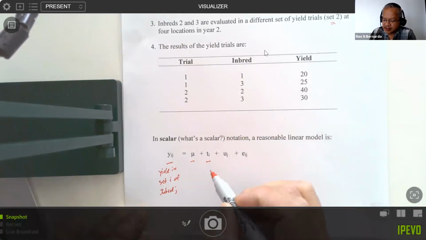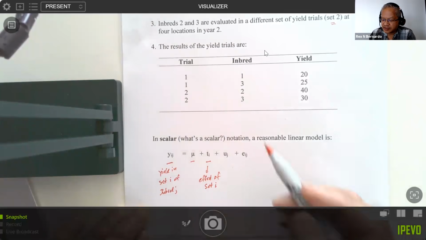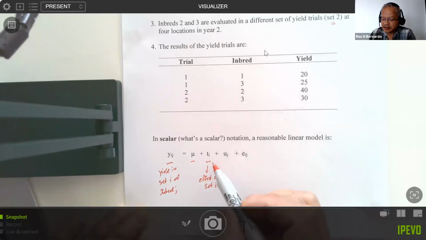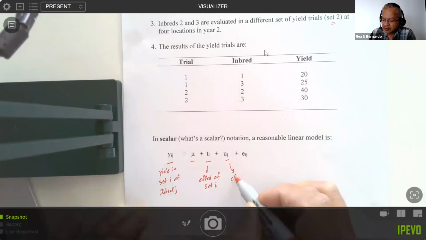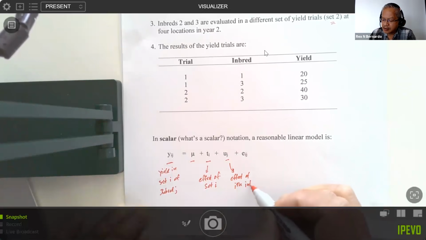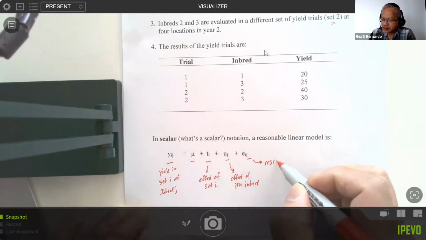Ti is the effect of set i, meaning that you had 2 sets of yield trials. They could have different means associated with those 2 sets. So we have the effect of set 1 and set 2. And then Uj is the effect of the jth inbred. And then Eij is simply the residual term.